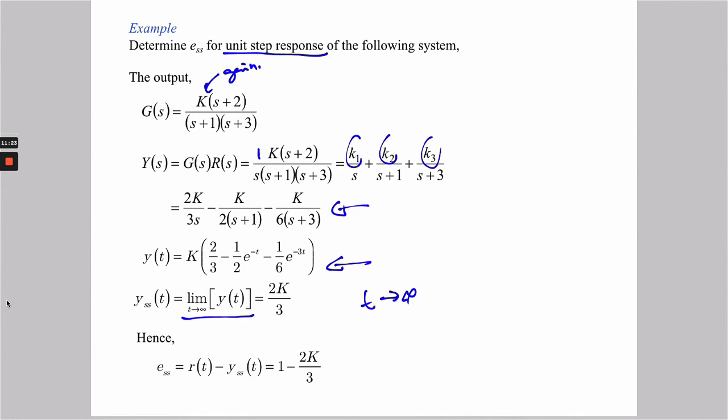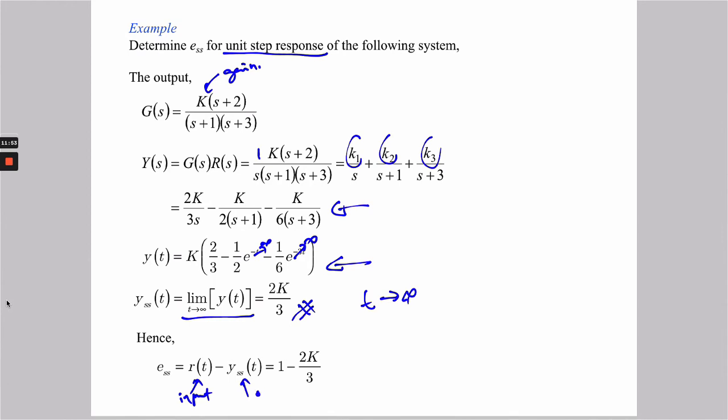So when we have this exponential term with t approaching infinity, what we have is actually 0. 2K over 3 minus 0 minus 0. What's left is we only have this term. Therefore, we can find the steady state error, which is the input minus output. In this case, this is the input r(t).